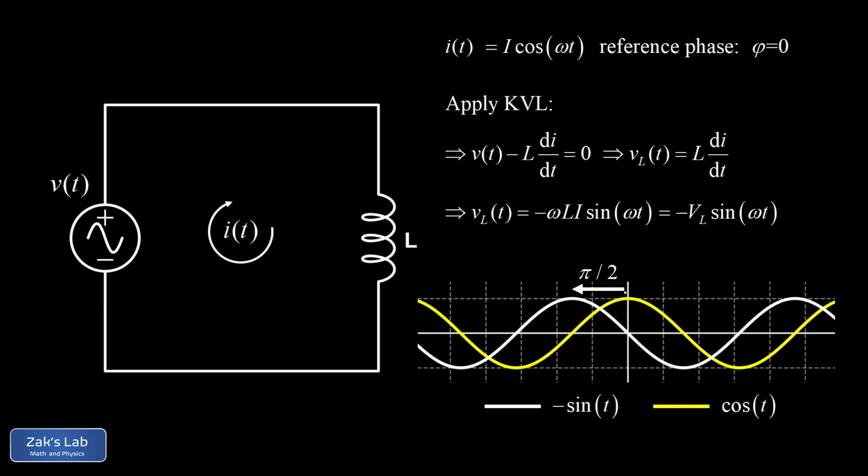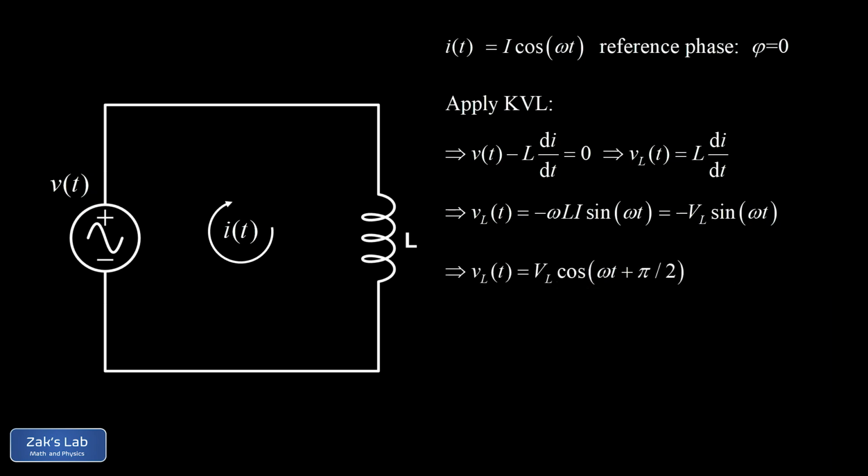If we take that yellow standard cosine curve and shift it to the left by pi over 2, we get exactly the negative of a sine function. To shift a cosine to the left by pi over 2, we add pi over 2 to its argument. So now we have the voltage across our inductor written as big V sub L, the voltage amplitude, times the cosine of omega t plus pi over 2. And just a reminder, big V sub L is omega L times I.